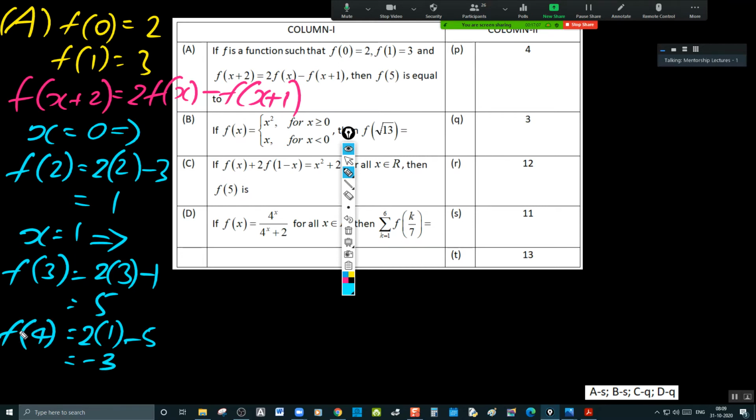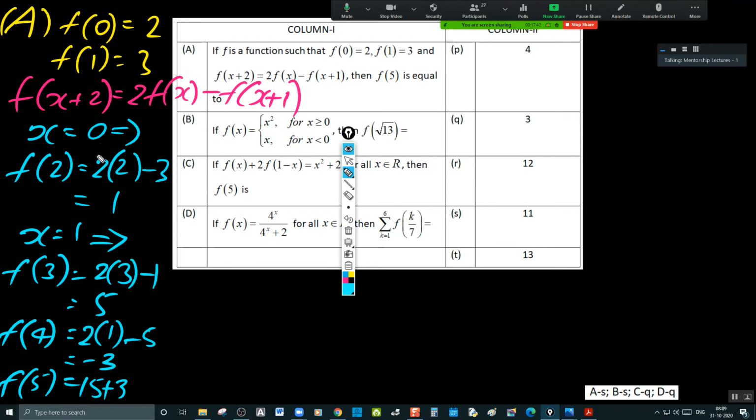Similarly, put x equal to 3 here, and f(5) you will get. If you put x equal to 3, twice f(3), that is 15, I'm writing that directly, minus f(4), minus of minus 3, plus 3. It should be 18. We just have to check it out. 18 is not there.